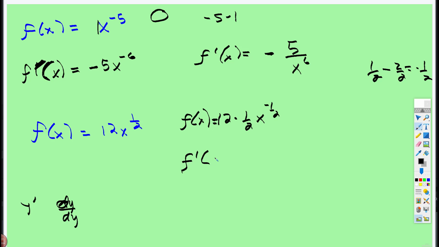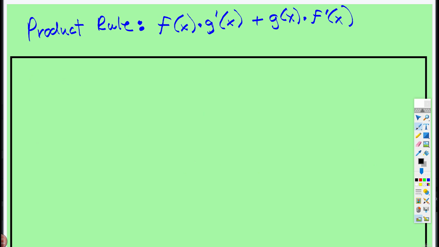So f prime of x, well half of 12 is 6, and x to the -1/2 we can rewrite, but remember, x to the 1/2 means the square root of x. So x to the 1/2 equals this, x to the -1/2 equals this. And those are all examples of the power rule.